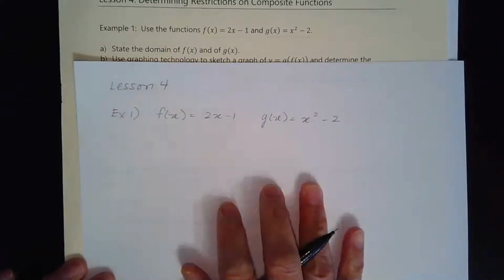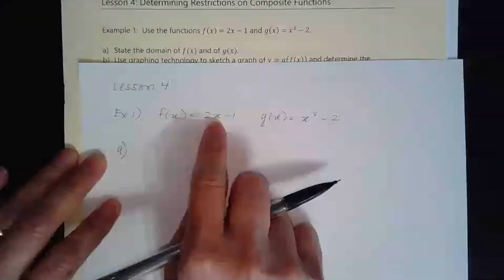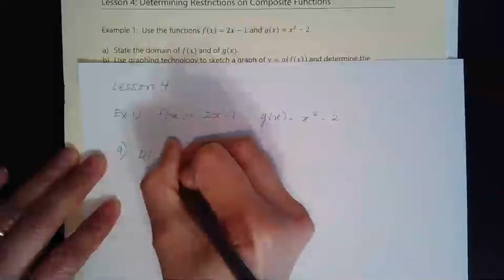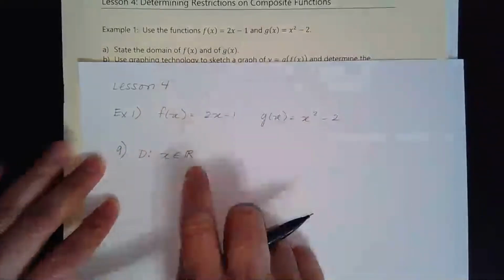So state the domain of f of x and g of x. That means the domain of f of x is an element of real numbers. That's the set notation.